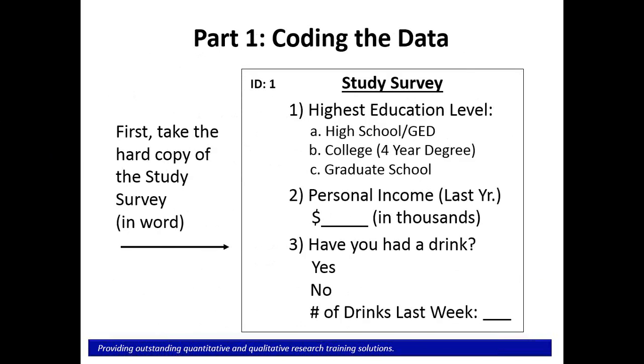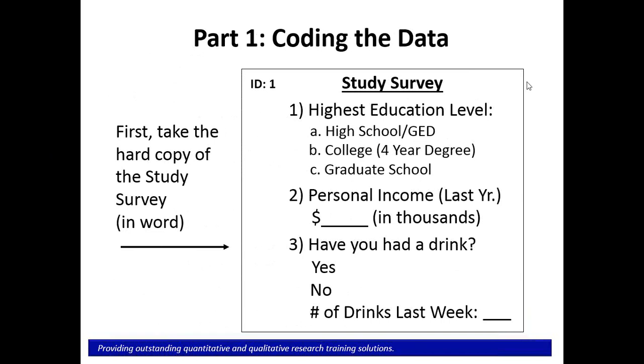So what does that all mean? Well, suppose this is our study survey, right, on the right here. So you can see in the upper left-hand corner, we have ID, right? So we always give each study participant an ID number, right? So the first variable in the database and the first thing we note on the study survey is the study participant ID.